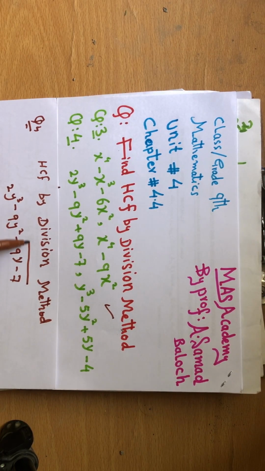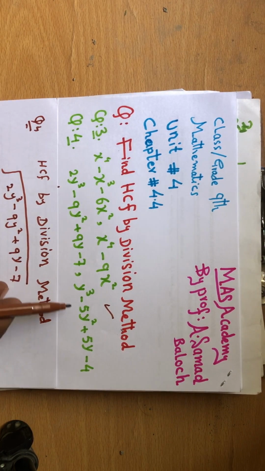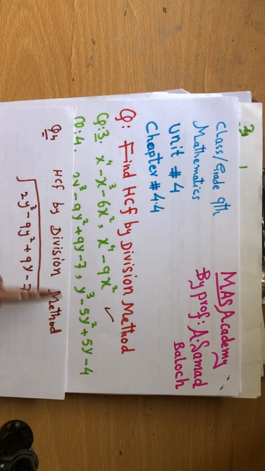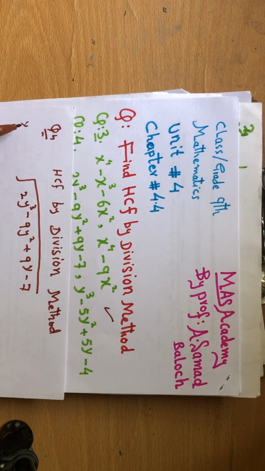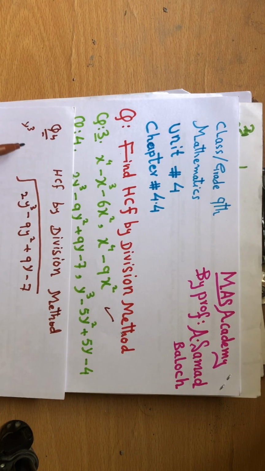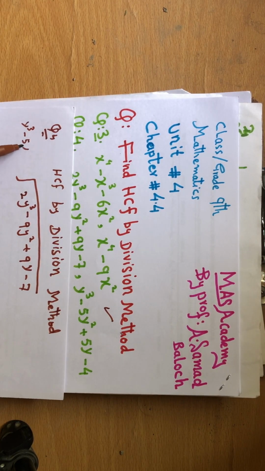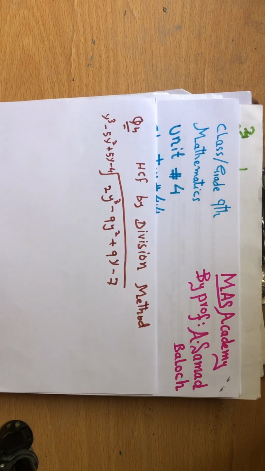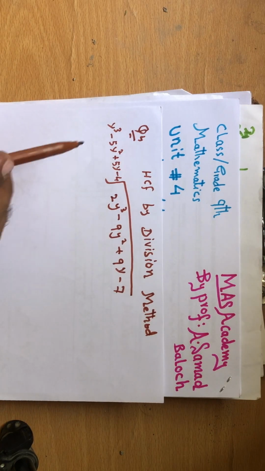The highest coefficient will be the dividend, and the one having coefficient 1 will be our divisor. So we make y cube minus 5y square plus 5y minus 4 our divisor, and 2y cube minus 9y square plus 9y minus 7 is our dividend. We will carry on this question.